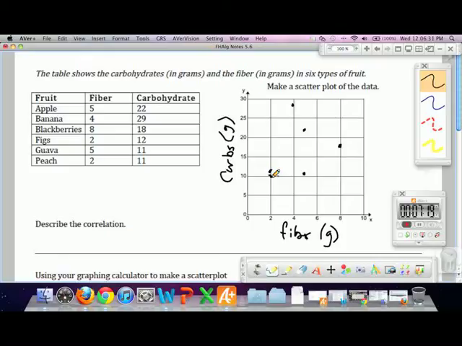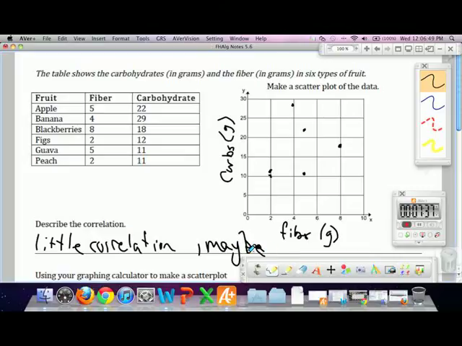There's little correlation, so it could be positive. I said relatively no correlation. Very little correlation, maybe slightly positive. It's not hard to argue that there's almost none. If there's any, it's very slightly positive.